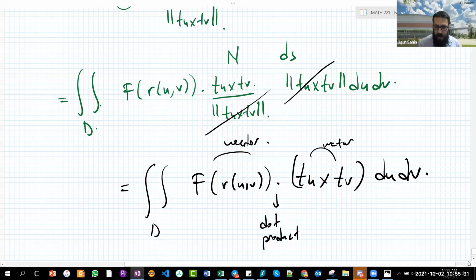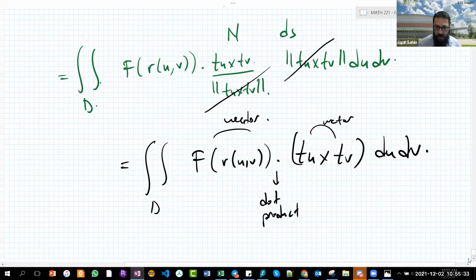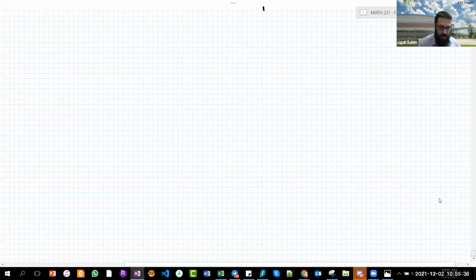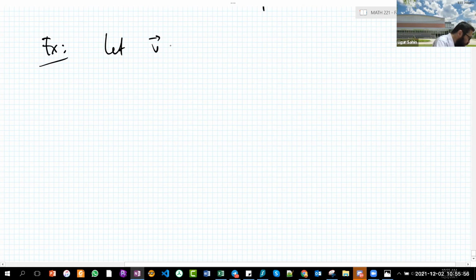All right, let's go ahead and solve an example about surface integrals for vector fields, guys. Example. Let V be given. This is the velocity field, guys.